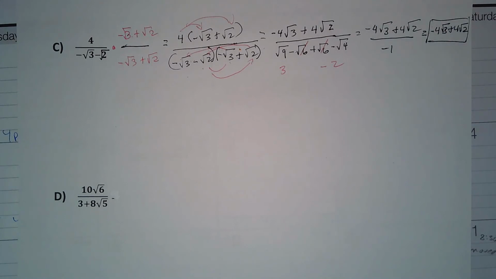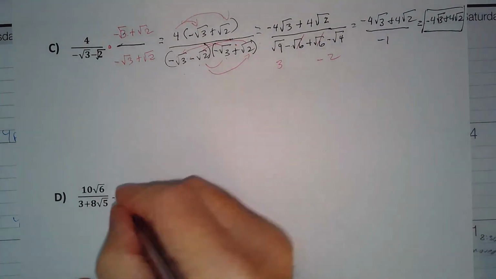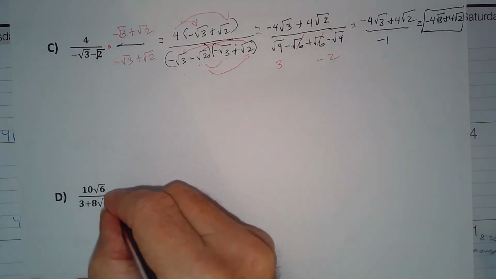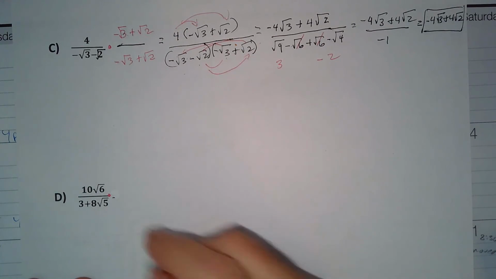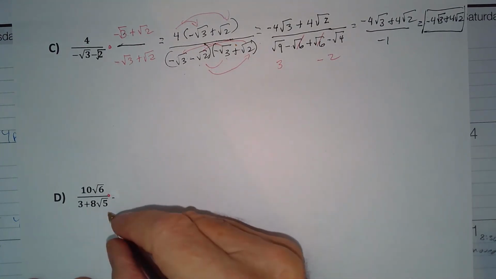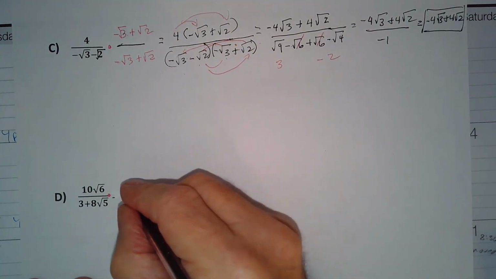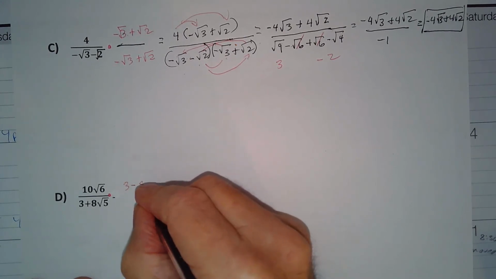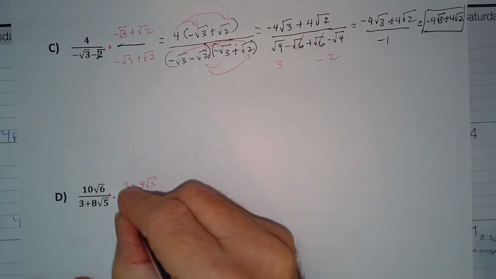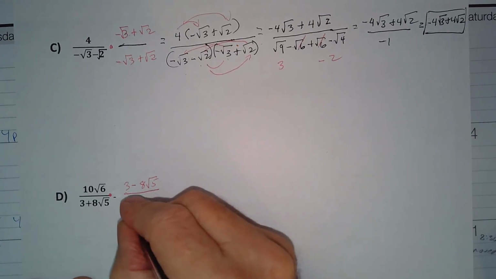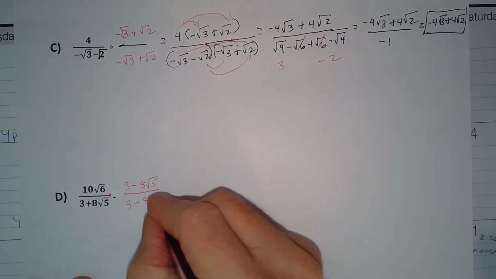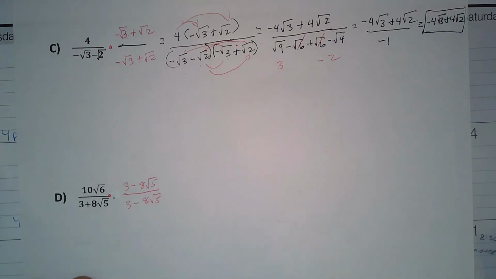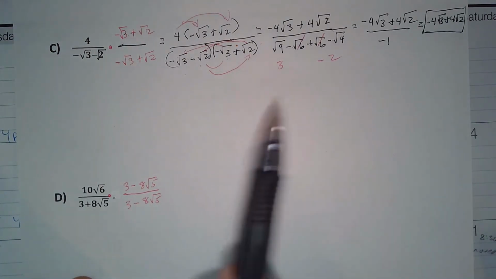Okay, so this is going to be times the conjugate, and this is 3 plus 8 square root of 5, so it's going to be 3 minus 8 square root of 5 divided by 3 minus 8 square root of 5. All right? So let's multiply them together.